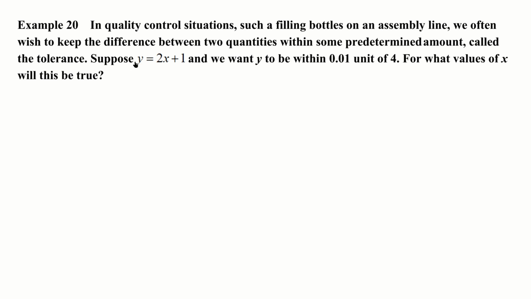All right, notice that we want the distance between y and 4 to be less than 0.01. So that means the absolute value of y minus 4 is less than 0.01.